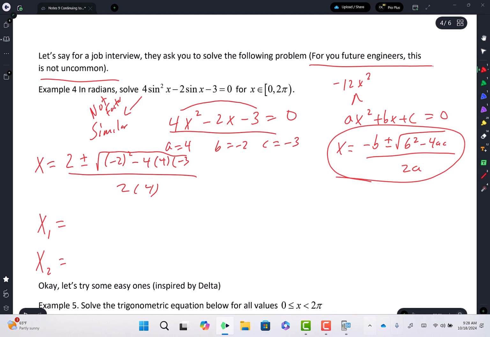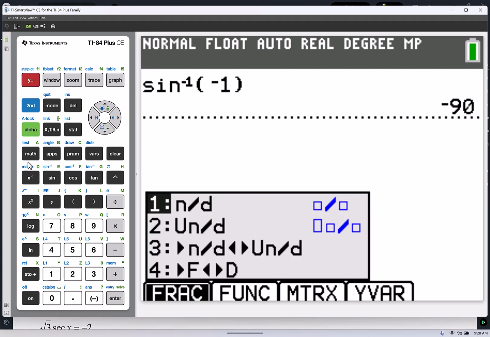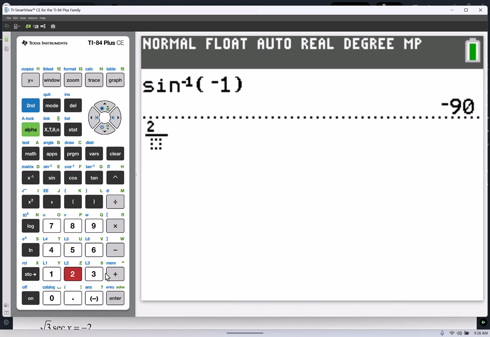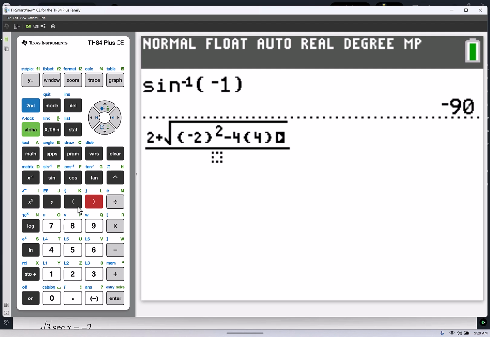So I come to my calculator. And you guys check that I'm doing this correct. I'm going to push alpha y equals, enter. 2 plus square root. And I guess technically it's negative 2 squared, but you don't have to put the negative inside because I'm squaring it. Minus 4 times negative 3. And then all over 2 times 4, right? Yes. You can just type in 8 if you're trying to be faster.